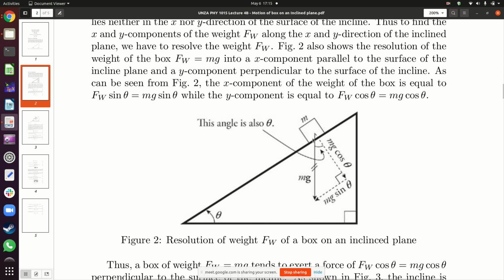Typically when you have this kind of situation, it's very rare that the box on its own decides to move up, unless you are pulling the box or pushing the box upwards. So if you're pulling or pushing it upwards, then it can move upwards, but on its own the box will most likely choose to do one of two things.